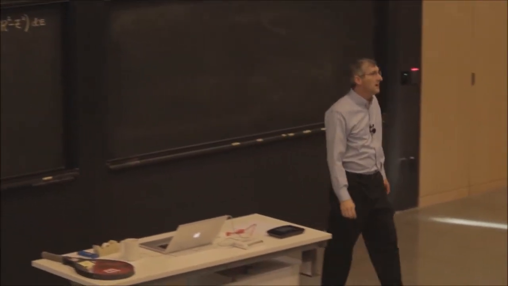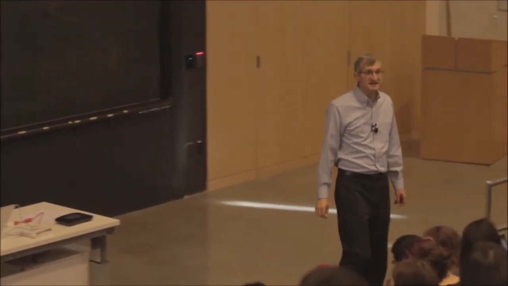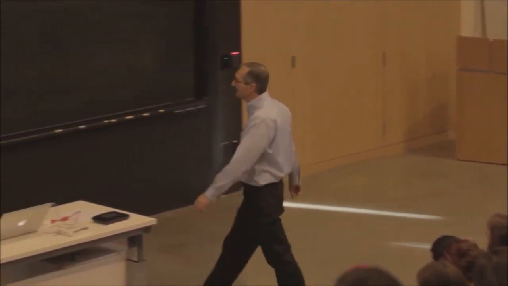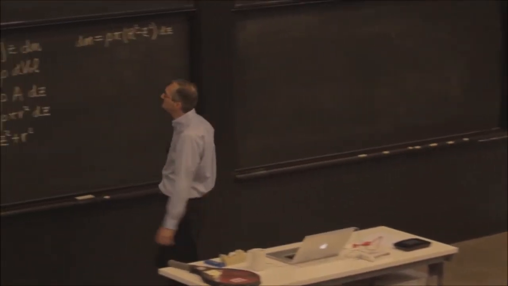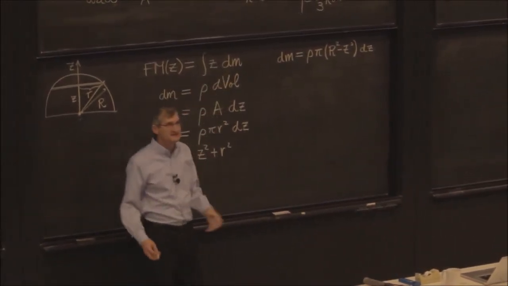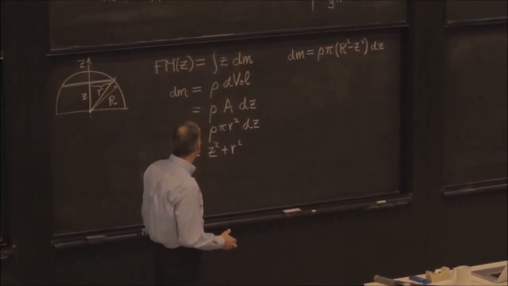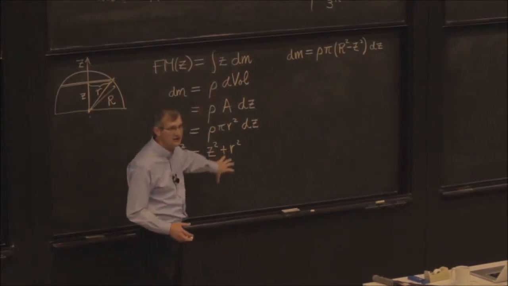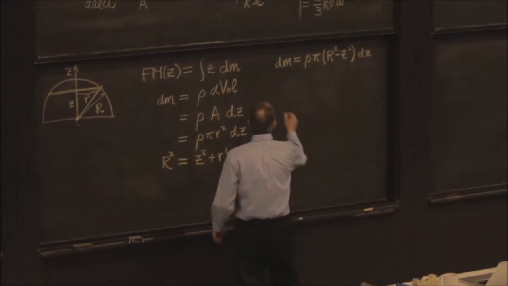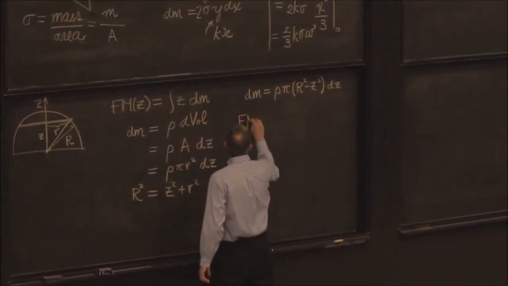So, holler now if that doesn't make sense to you. Okay, so we're pretty close to done. To do the first moment, having expressed dm in terms of geometry, times the mass density, I can calculate the first moment.